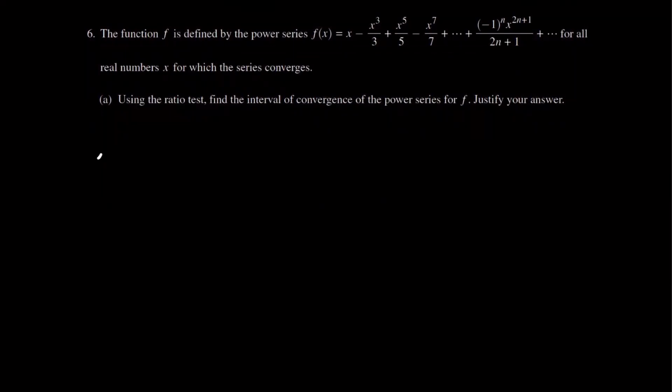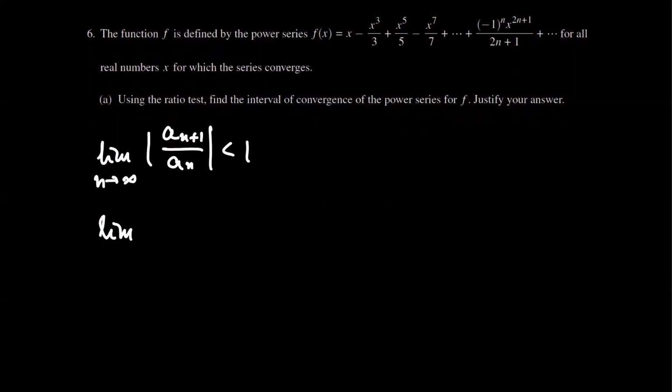The ratio test says that the limit as n goes to infinity of the ratio of a n plus 1 over a n has to be less than 1 in absolute value. And so let's see whether that's the case here.